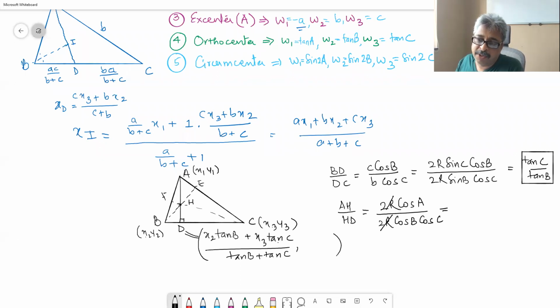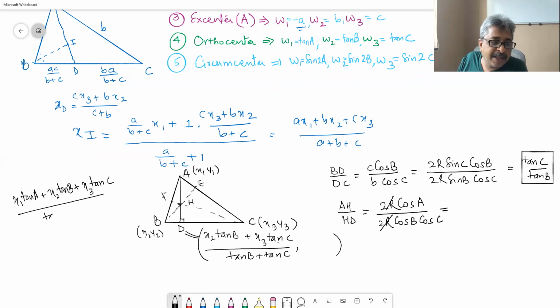What we need now is, because we have D looking like this, and A is x1, eventually the formula is going to be x1 tan A plus x2 tan B plus x3 tan C upon tan A plus tan B plus tan C, right?